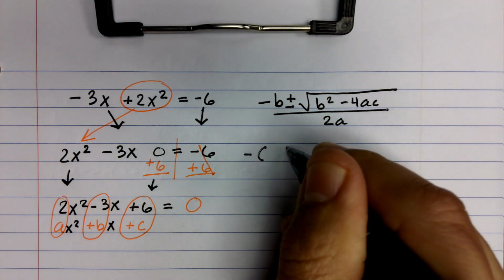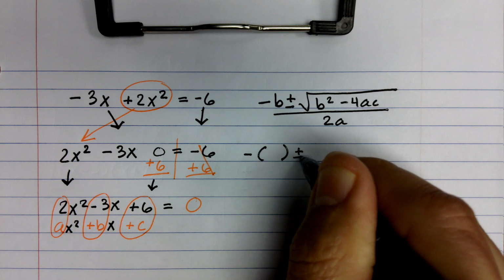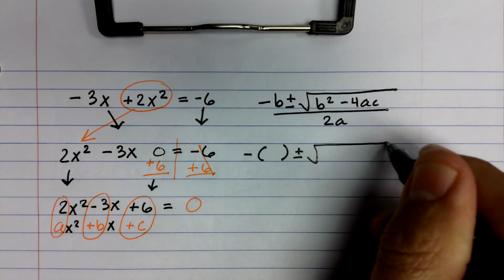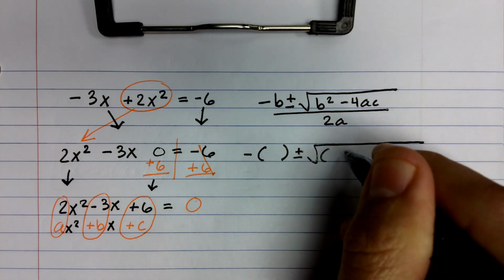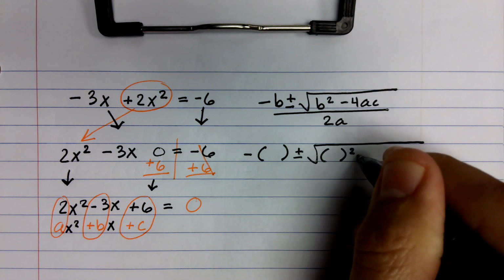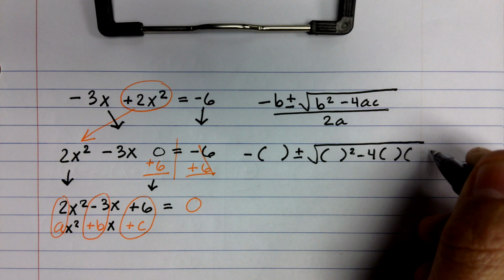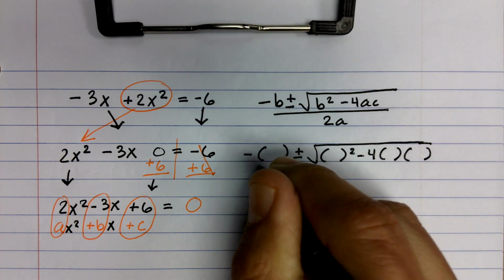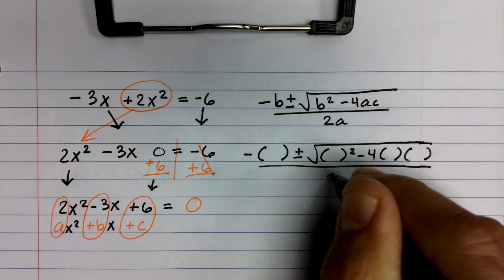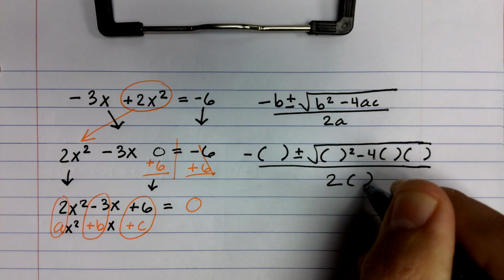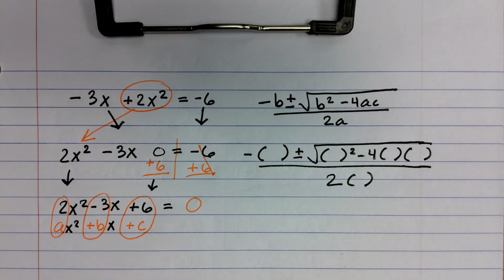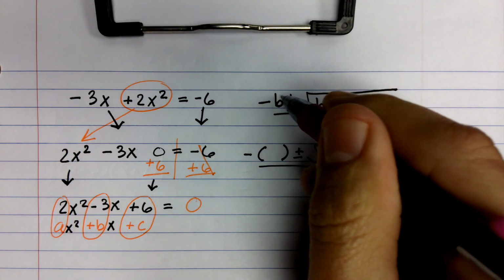So I'm going to put negative, put some parentheses there, plus or minus the square root of my b, in parentheses, squared minus 4 times my a value times my c value, and this will all be divided by 2 times my a value. So we're going to start substituting numbers now.